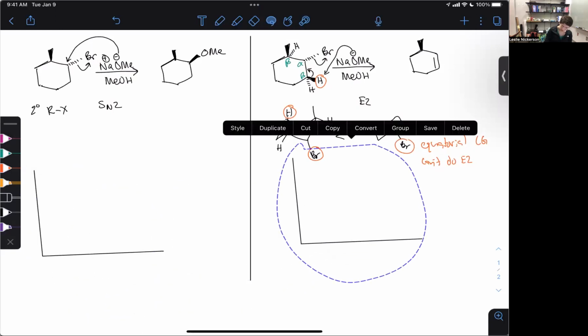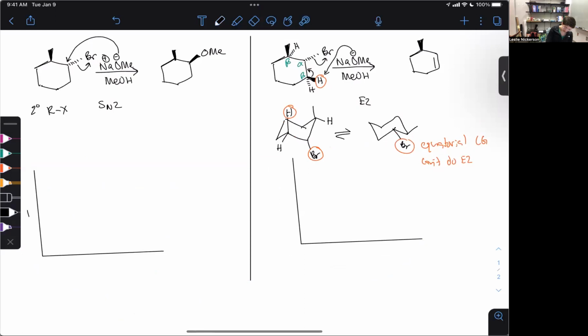So we've got energy over here, reaction coordinate down here. Both of them have the same starting material, so we're going to have the same starting material here.